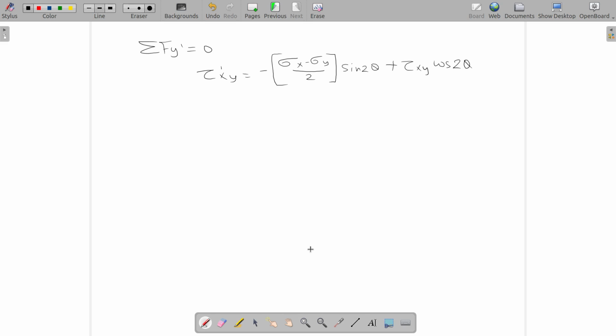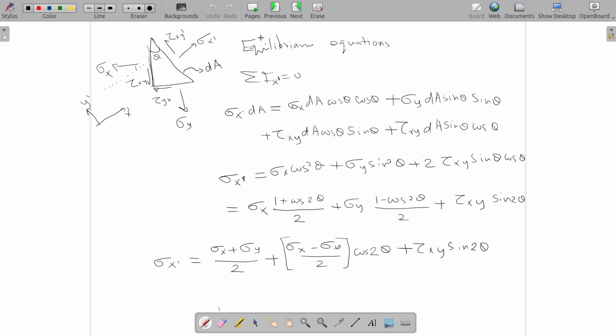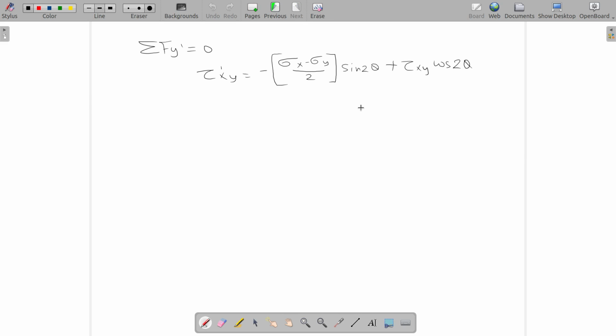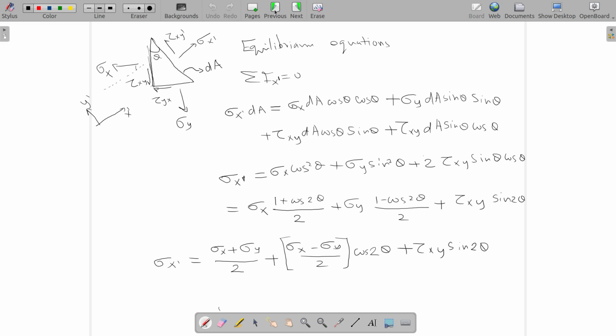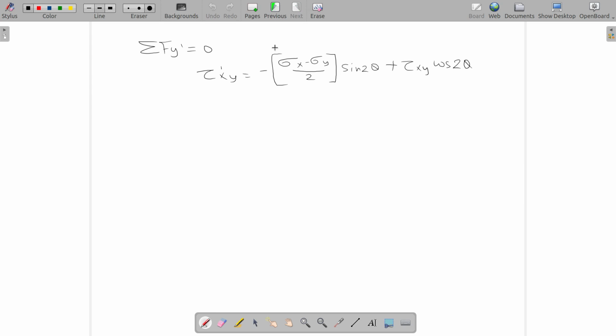Now if you see these equations here, you have minus sigma x minus sigma y by 2 sin 2 theta. I think I'll write down everything here just to be very clear. So I'll just rewrite the equation for sigma x dash here.